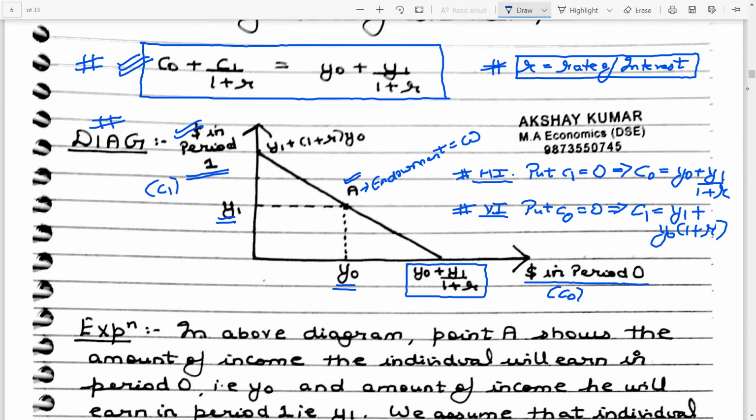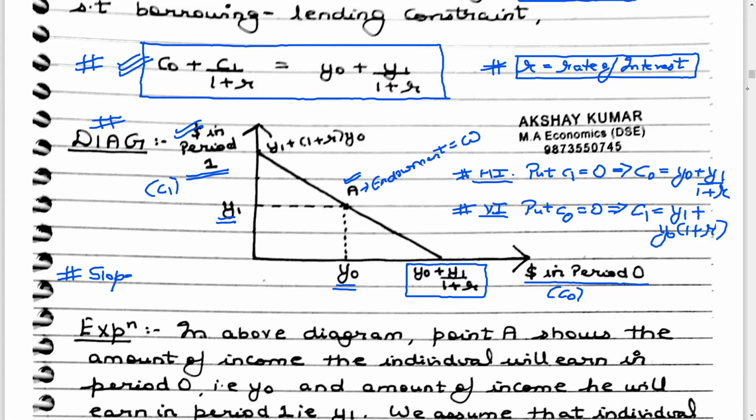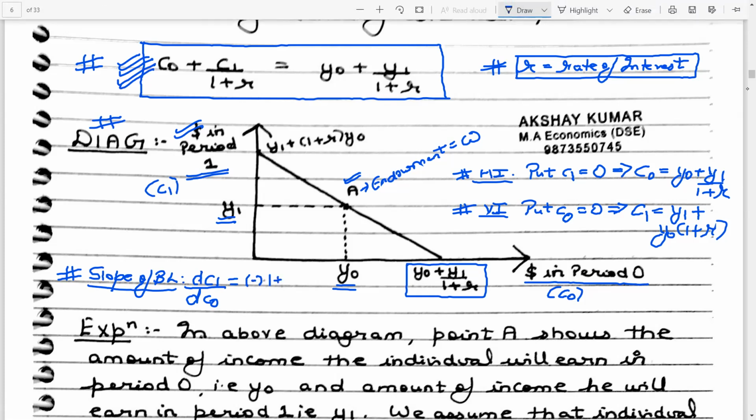Now if I calculate the slope of this budget line, in general the slope is dy by dx. In this case it's dC1 by dC0. If I differentiate the budget constraint with respect to C0, you will get your slope as -(1 plus r).